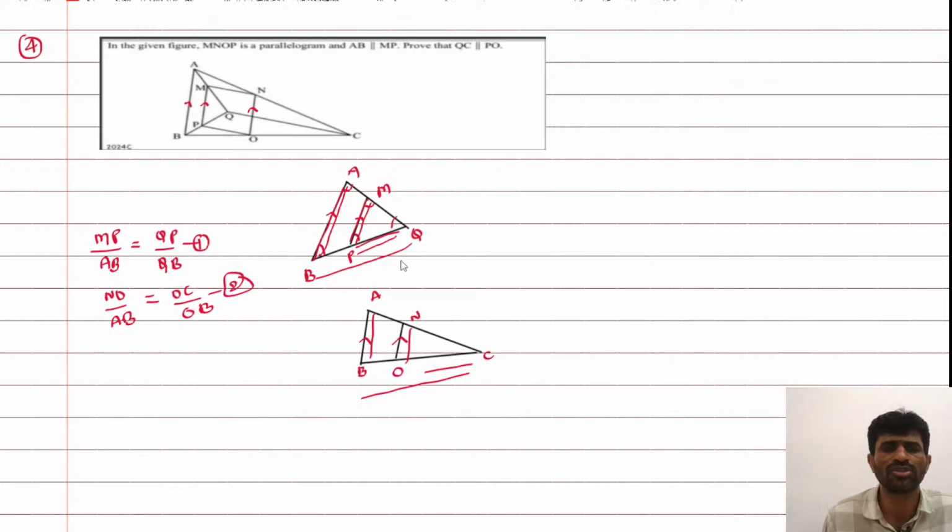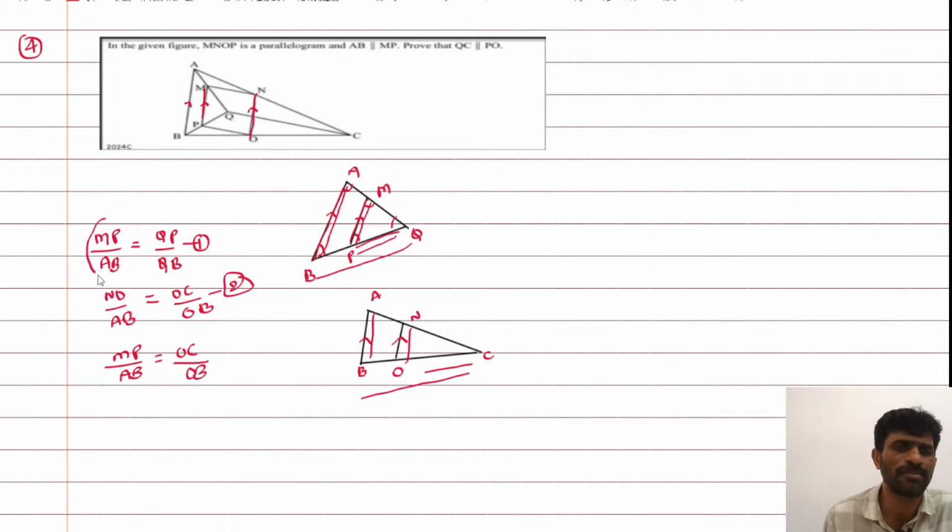And in these two, we know that NO is equal to MP. Why is NO equal to MP? Because they are opposite sides of a parallelogram. So in the second equation, in the place of NO, we can write MP. So here we can write MP by AB is equal to OC by OB.